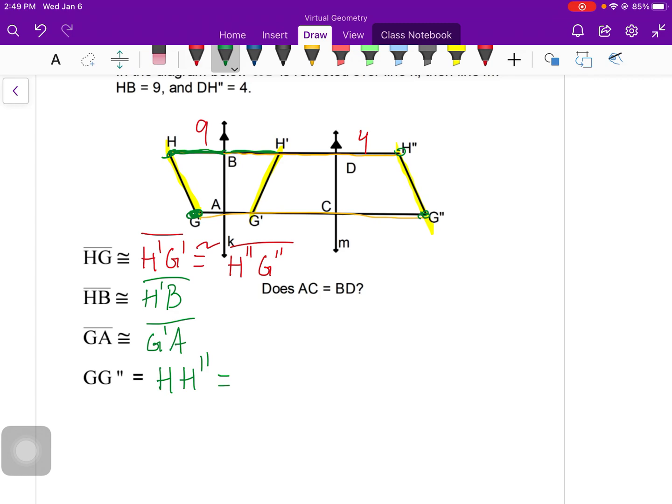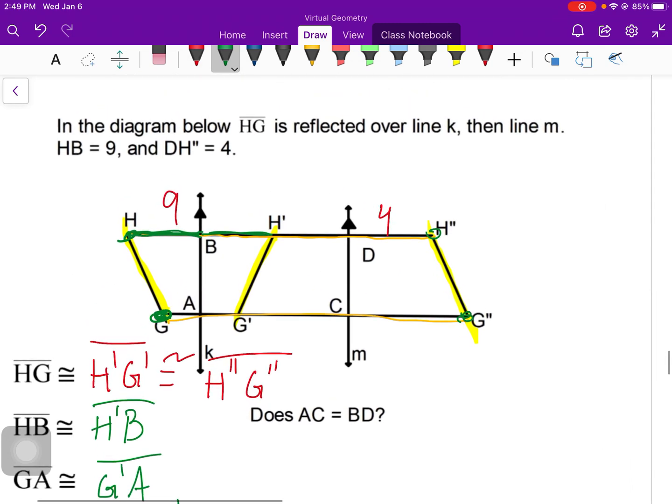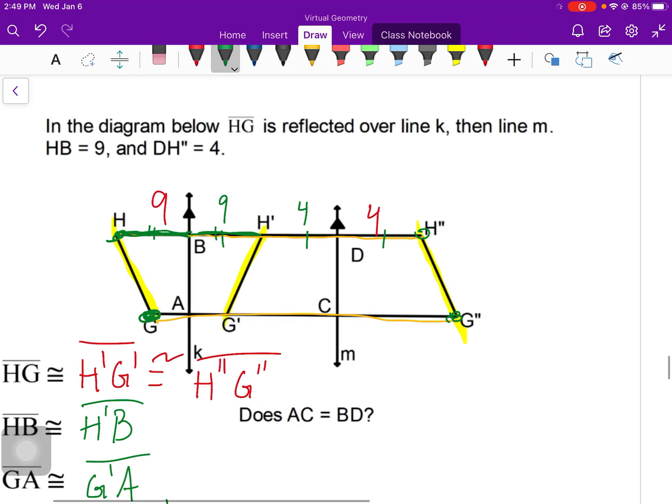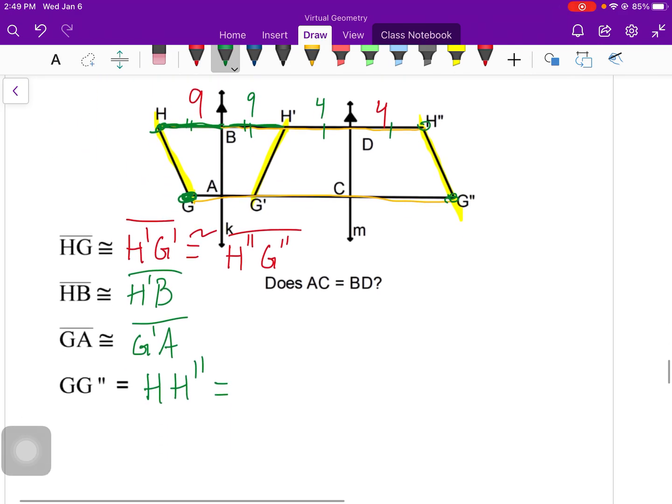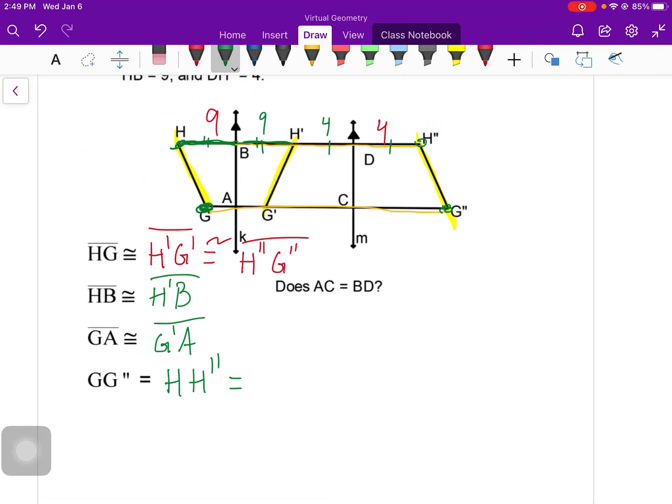I can actually find this number because, like I already labeled this 9 to 4, this has to be a 9, and then this has to be a 4 because these two pieces are congruent, and those two pieces are congruent. So 9 plus 9 is 18, plus 4 is 22, plus 4 is 26 units, whatever, inches, miles, whatever.